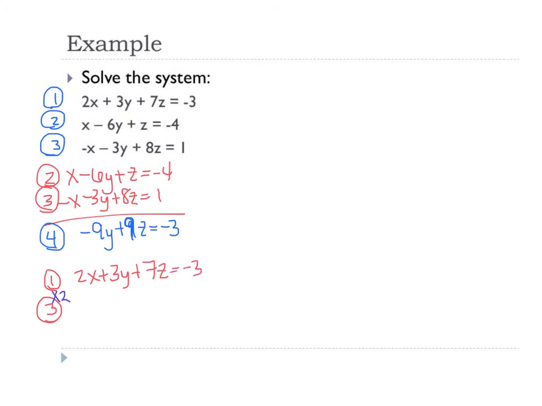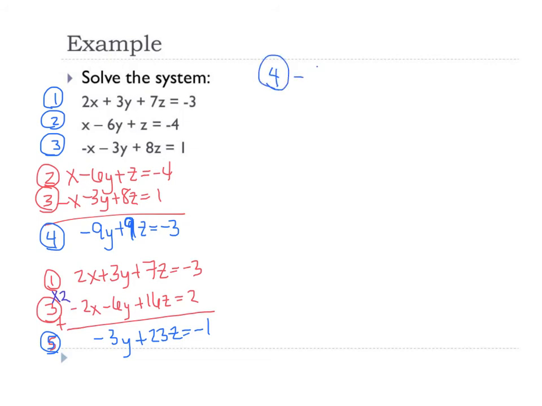And twice equation 3 is going to be -2x minus 6y plus 16z equals 2. Make sure you multiply all the way across. Add these together for equation 5, and that's going to be -3y plus 23z equals -1. Then you're going to bring equations 4 and 5 together.